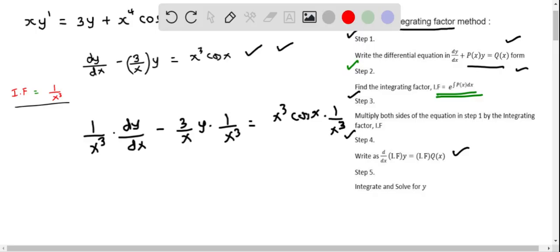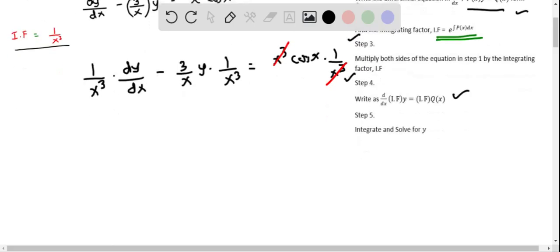We can cancel these two x power 3, and we get this expression. And in fact, this expression is basically the derivative of the integrating factor times y.